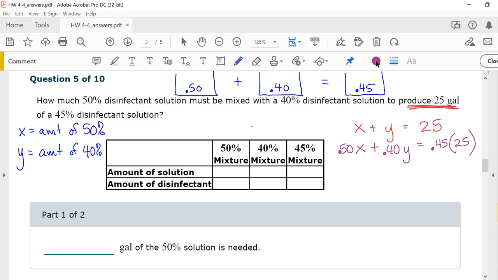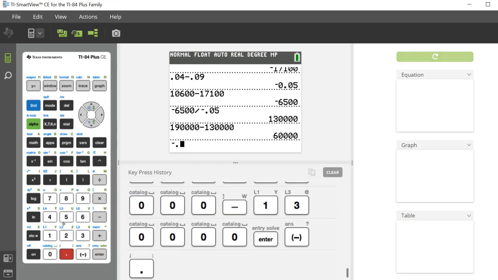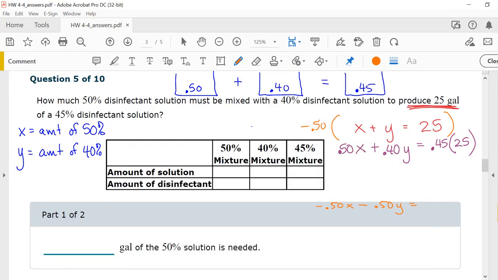I'm going to multiply the top equation by negative 0.50, and I will get negative 0.50x minus 0.50y to equal negative 0.50 times 25, negative 12.5.